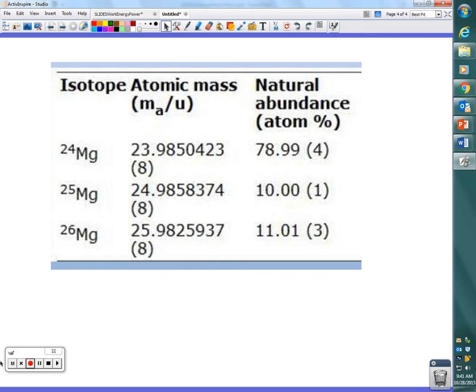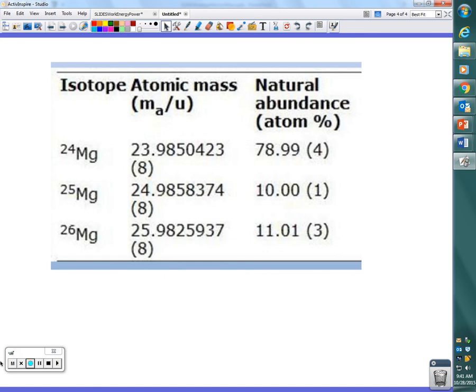If there's more of the magnesium 24s, what does that do to the average? If you have a bunch of 80s and 1 90, is your grade in a class going to be 85?